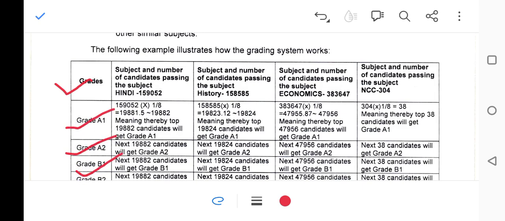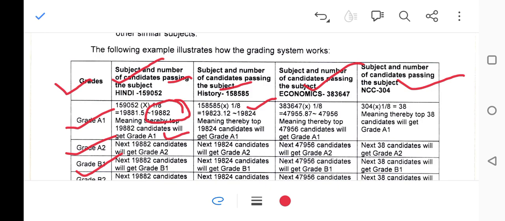Here the subject taken is Hindi, and the number of students who passed is 1,59,052. Taking 1/8 of this gives 19,881.5, which equals 19,882, meaning the top 19,882 candidates will get A1. Likewise, the same is also explained for history, economics, NCC, and the other grades.